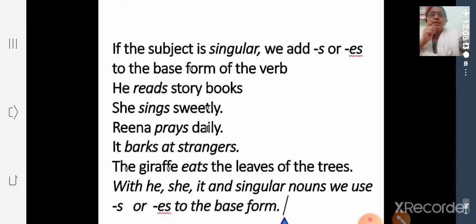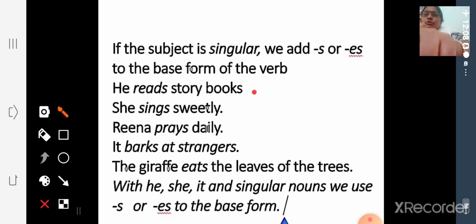For example, he reads storybook. The subject here is he, and we all know he is a singular pronoun. So we add s to the base form of the verb read. If the subject is singular, we have to add s or es to the base form.